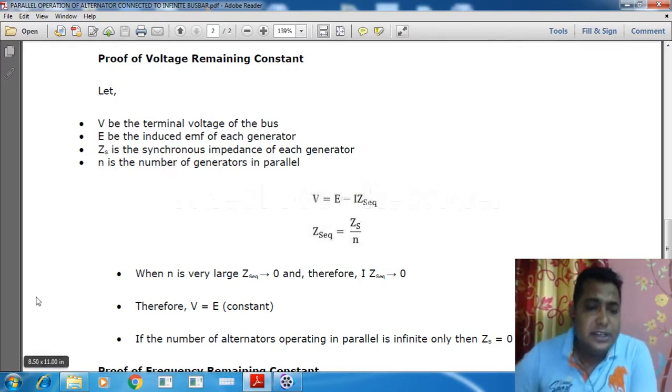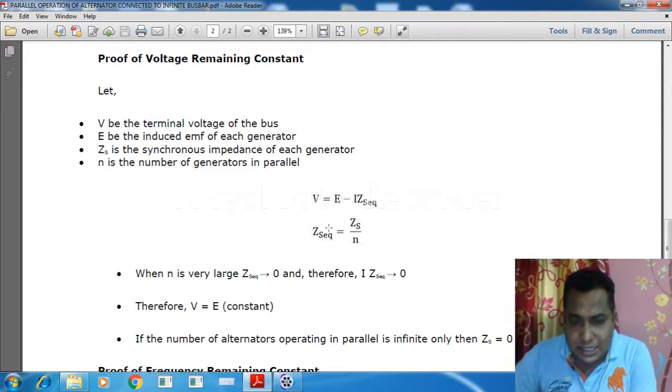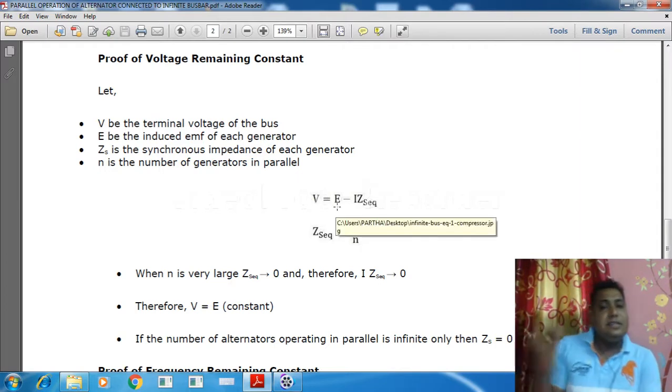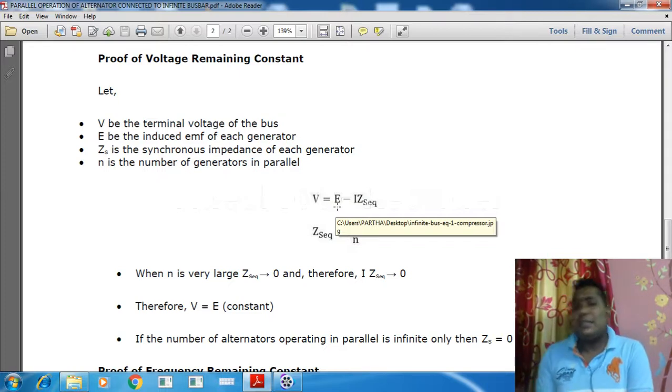See, it is written here: when N is very large, Z_SEQ is equal to 0. And if Z_SEQ is 0, then the I Z_SEQ term is 0. So V is equal to E, which means the voltage remains constant. That means the synchronous impedance can be neglected, as N numbers of alternators are connected together.